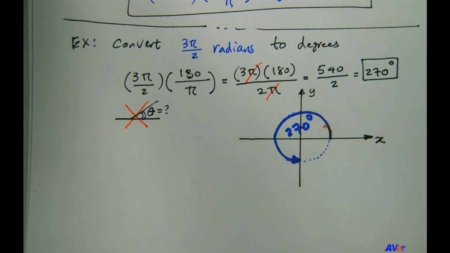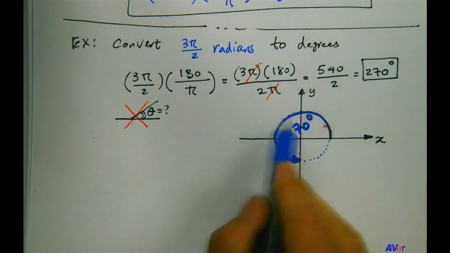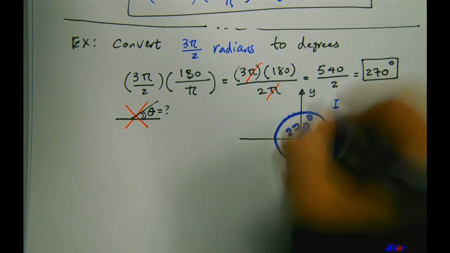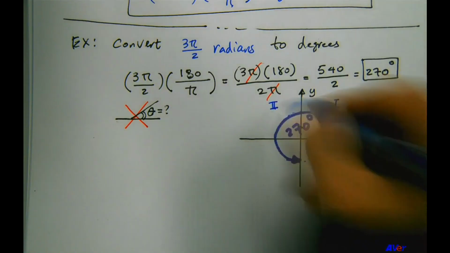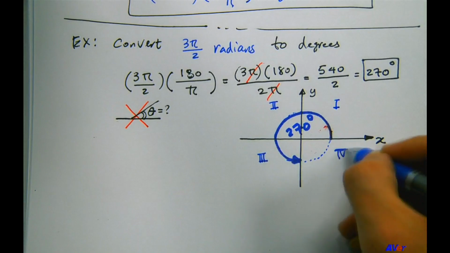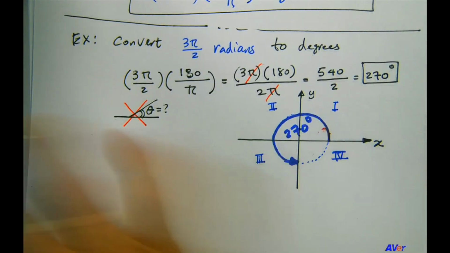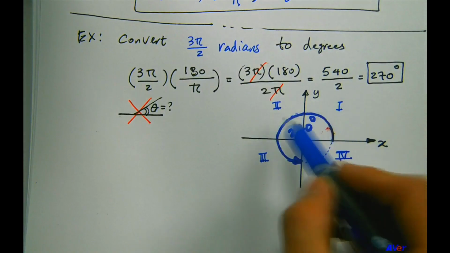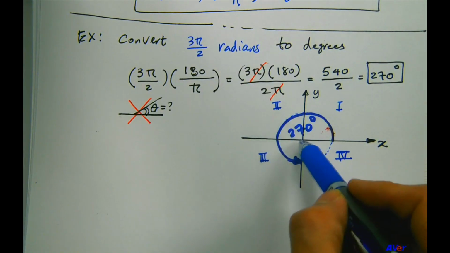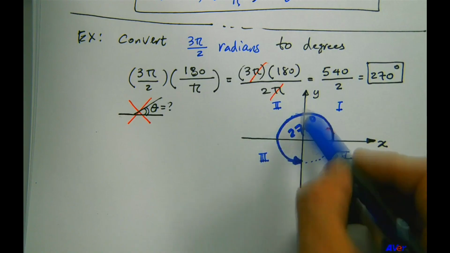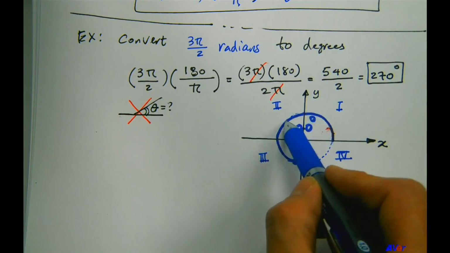But if the end point of this angle, or any angle, ends up in the second quadrant, right? We remember from basic algebra that this is the first quadrant, this is the second, this is the third, and this is the fourth quadrant. So if it stops here in the second quadrant, then the terminal point has an x coordinate that is negative and a y coordinate that is positive.